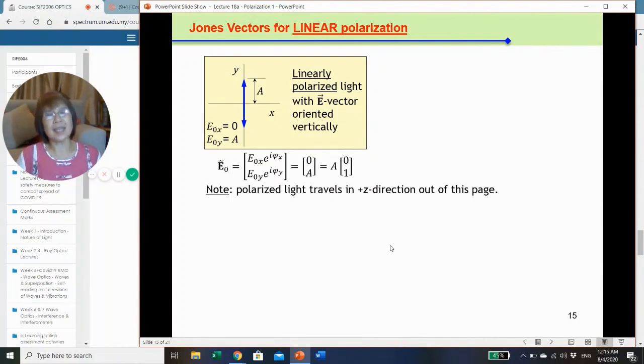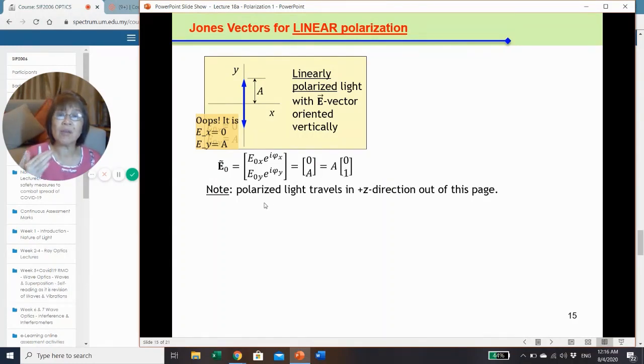Now, let's look at how we would represent it for linear polarization, whereby the plane of polarization is vertical with an amplitude of A. In other words, E0x is 0, E0y is A. And this phase is 0, so it results in 0. This amplitude is A, so we will then have 0, A, and you can factor out A, and that leaves 0, 1.